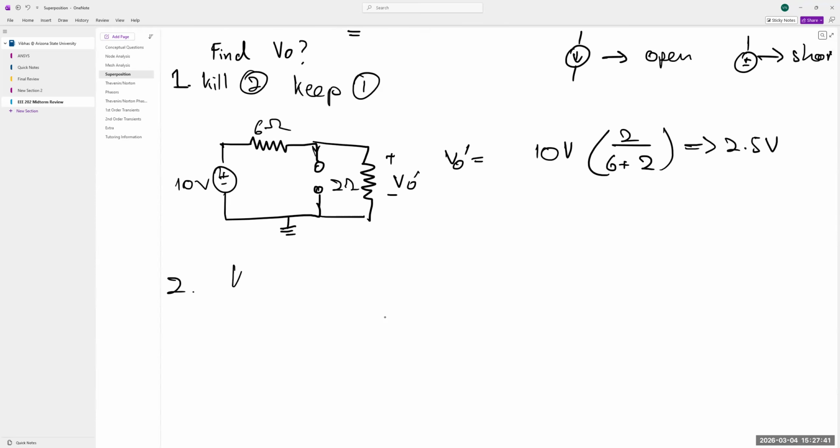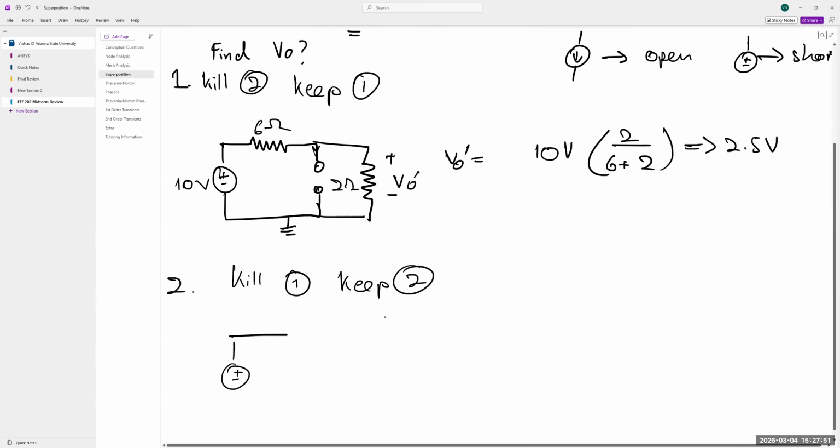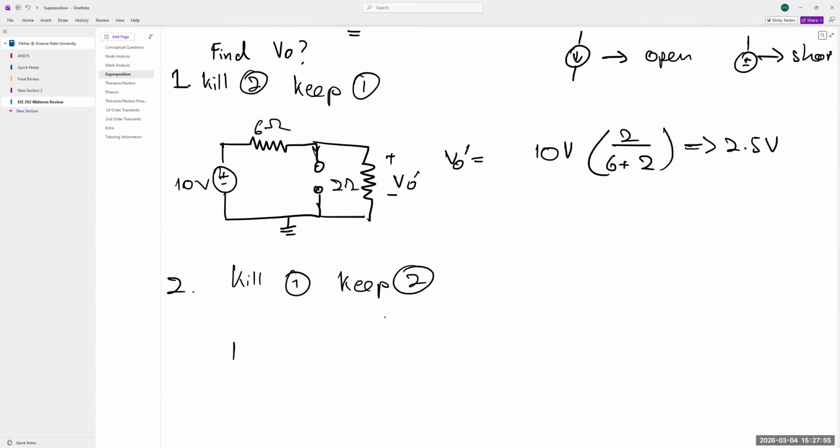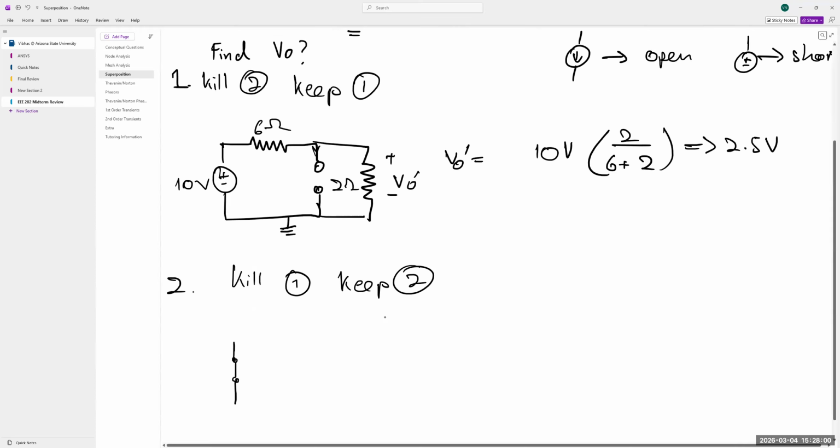Now let's kill the other one. So we kill the voltage source and we keep the current source. So we get rid of the voltage source. The way we get rid of a voltage source is by shorting it. We still have this resistor over here. We have the current source going down here.